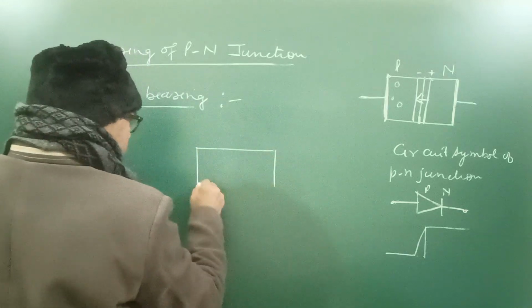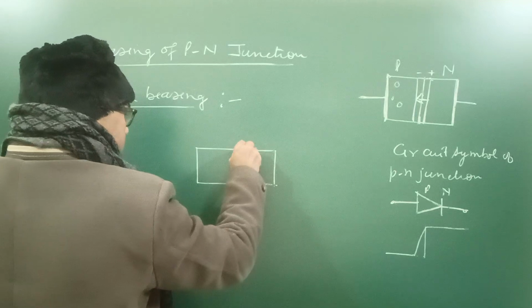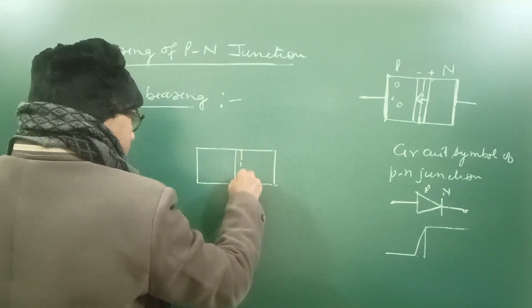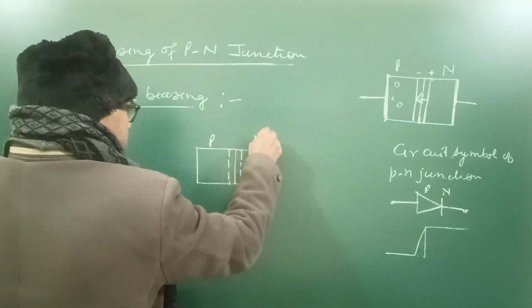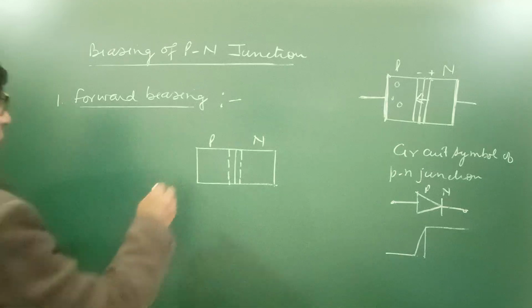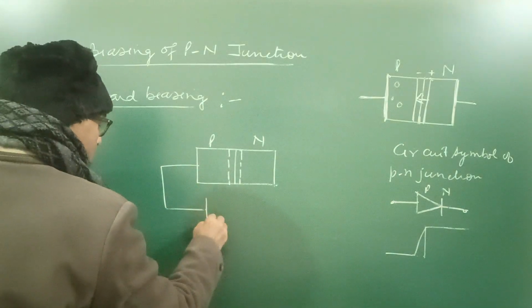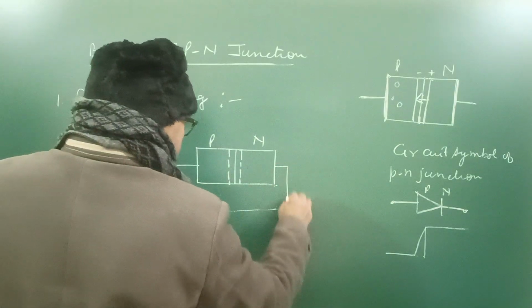Suppose it is a PN junction, and this is the depletion layer, P region and N region. In forward biasing, we connect the P region to the positive terminal and the N region to the negative terminal.